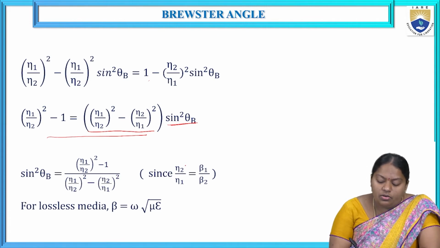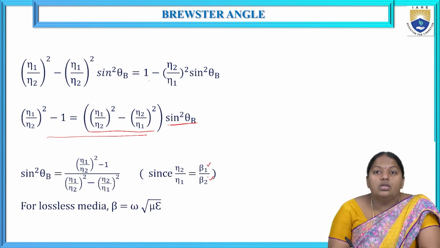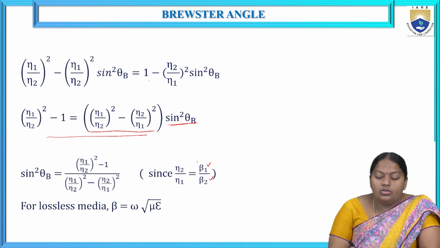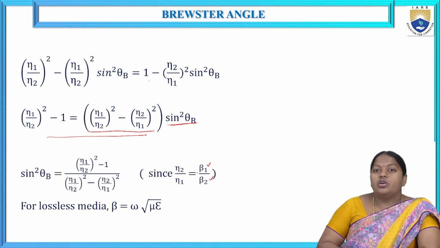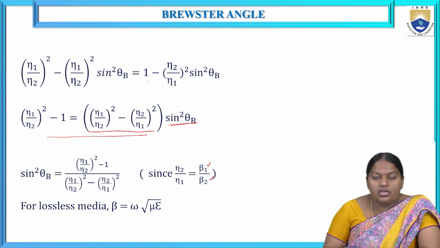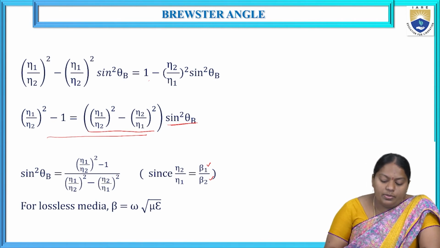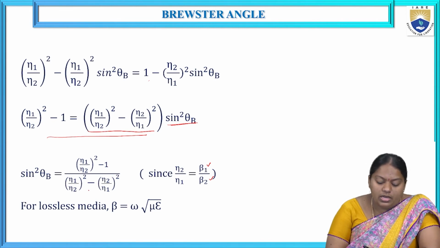By substituting here η2/η1 equal to β1/β2, which is obtained according to the index of refraction derived from Snell's law of refraction, sin²θb can be written as ((η1/η2)² − 1) divided by ((η1/η2)² − (η2/η1)²).